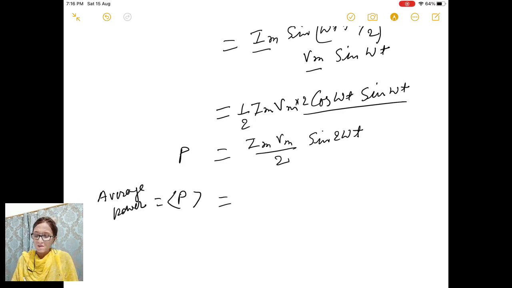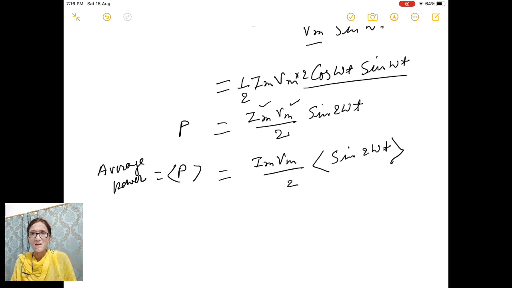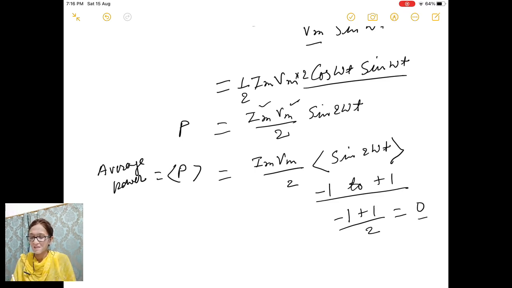So for the average power in one time period, constant terms cannot be further averaged, so let me take them outside, and let me find the average of sin 2 omega t. We know that the value of any sine varies from -1 to +1, and the average of these two is (-1 plus 1) by 2, which becomes equal to 0. So the average of sine theta is 0.